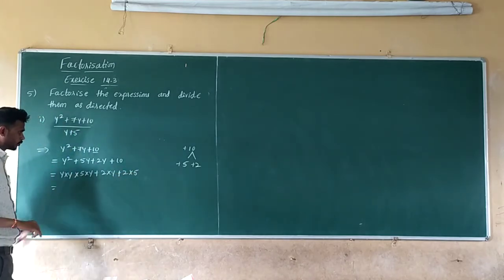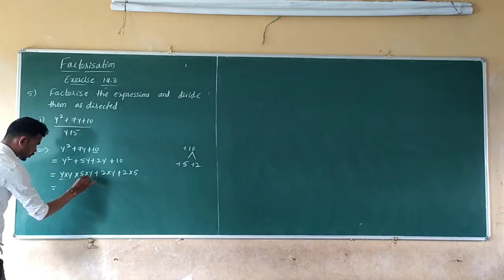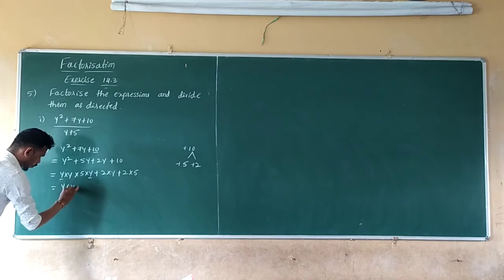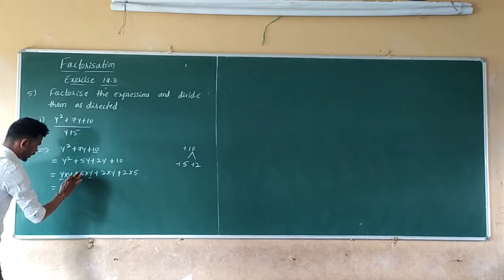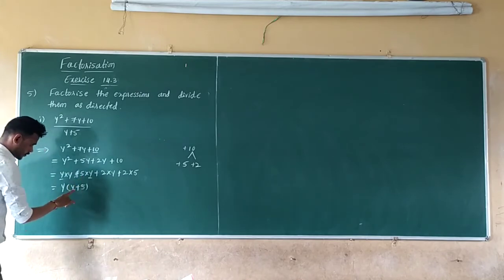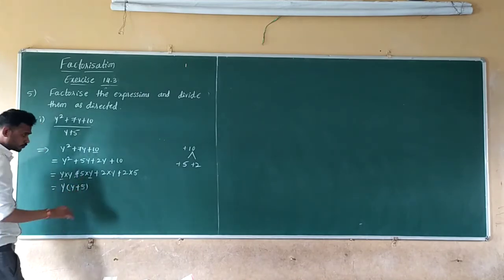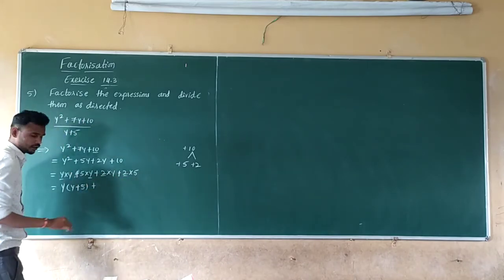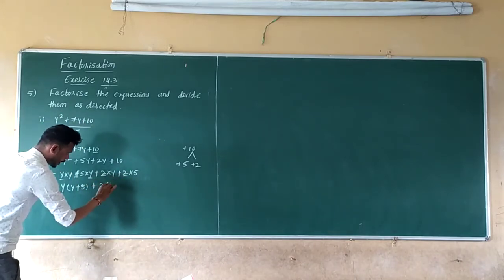Now take common from two terms. In these two terms, what do you get common? Y. What will remain? Y plus 5. Plus, in these two, what is common? 2. What will remain?